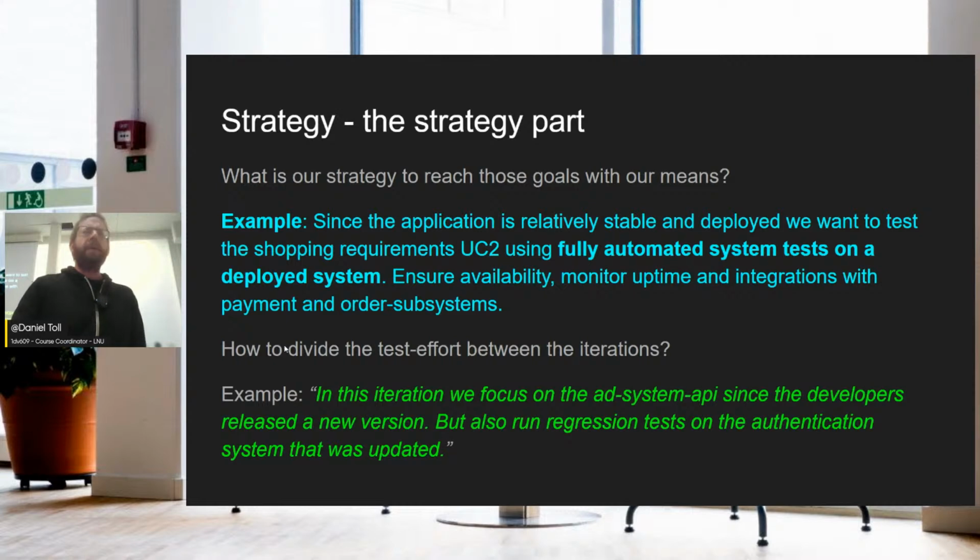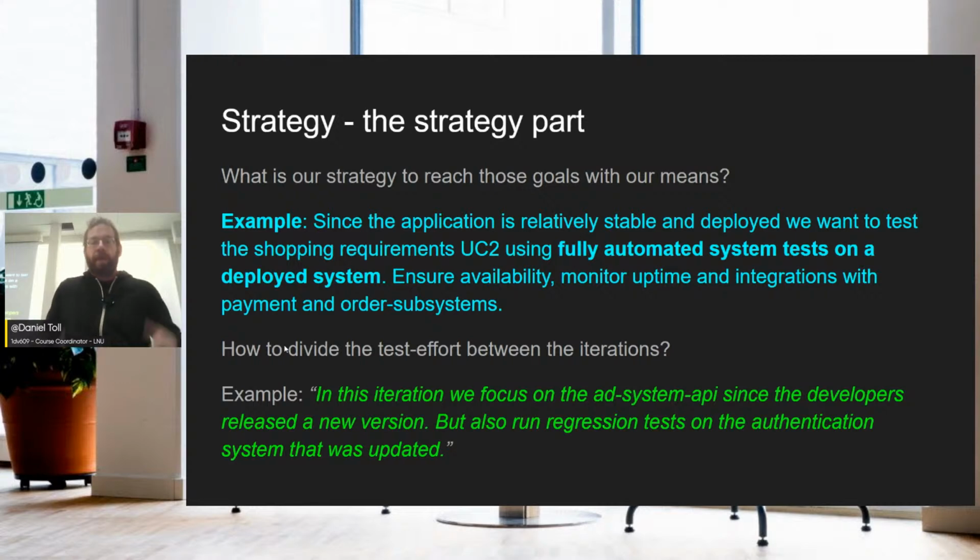A strategy can also be that, okay, since we have a limited budget, we're going to focus on something specific. So an example of a focus could be, in this iteration, we focus on the ad system API since developers released a new version of that. We also run regression tests on the authentication system that was updated.